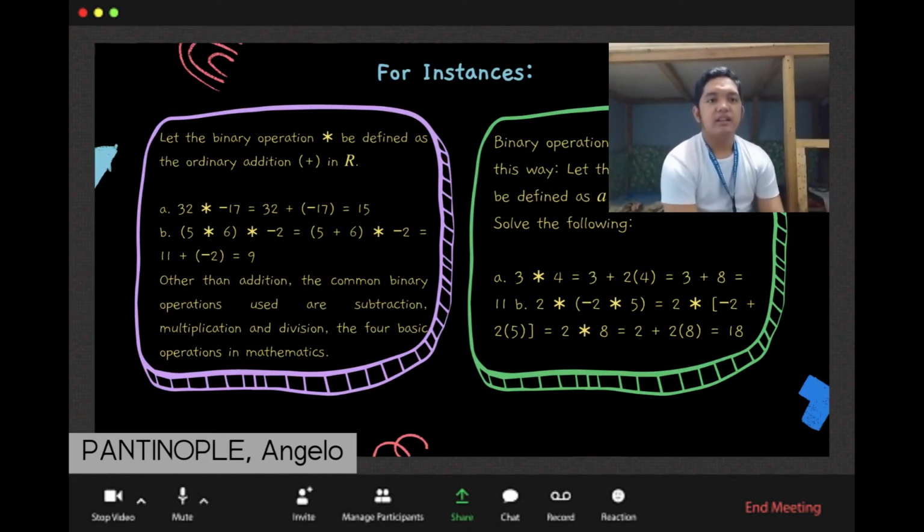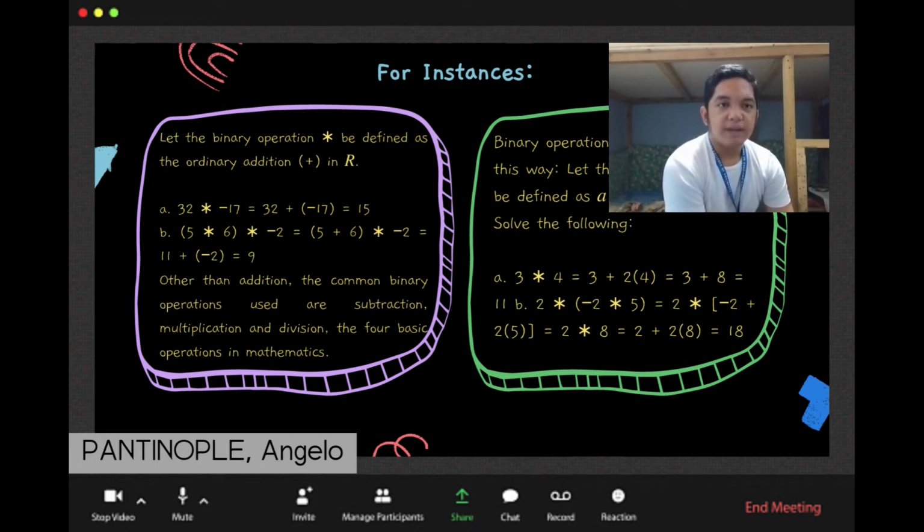For instance, let the binary operation be defined as the ordinary addition plus in the real numbers. 32 minus 17 equals 32 plus open parenthesis minus 17 close parenthesis equals 15. B, open parenthesis 5, 6 close parenthesis minus 2 equals open parenthesis 5 plus 6 close parenthesis minus 2 equals 11 plus open parenthesis minus 2 close parenthesis equals 9.